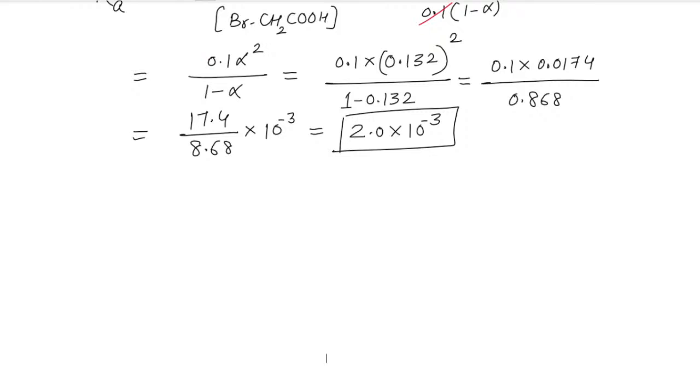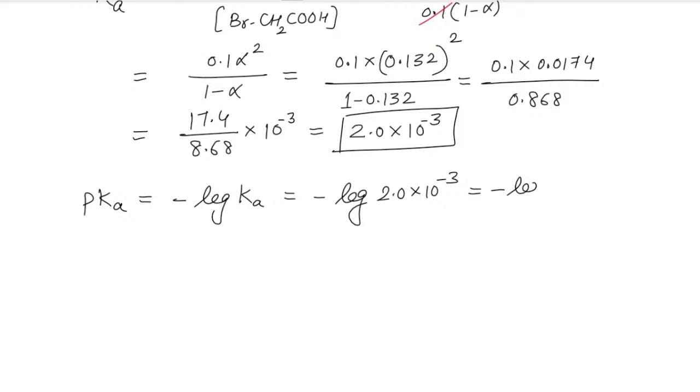Now we have to calculate pKa as well as pH. This is actually Ka, so from Ka we can calculate pKa. pKa is minus log of Ka, that is minus log of 2.0 into 10 raised to power minus 3.